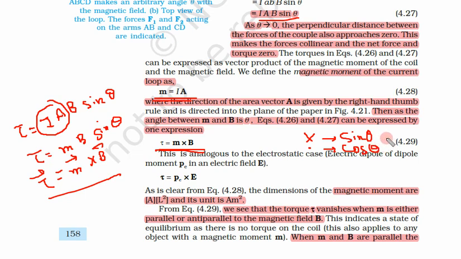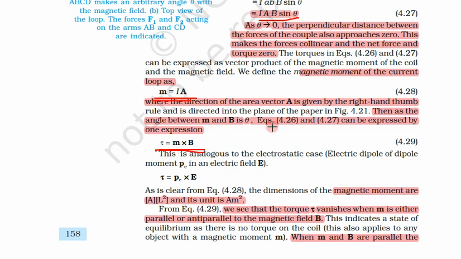Dot is cos, cross is sine theta. So we have tau is equal to M cross B. So this IA is M, B is B, sine theta goes into cross.